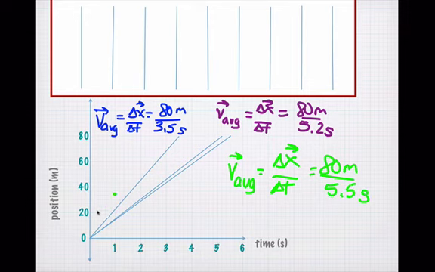So we can see visually from the graph that the blue car has the steepest slope. Its position time graph has the steepest slope. The green car's position time graph has the least steep slope. So it's pretty obvious that even if we didn't watch the race, we could see that the blue car would have won. It went the same distance in a shorter amount of time. But again, this is just an average velocity.